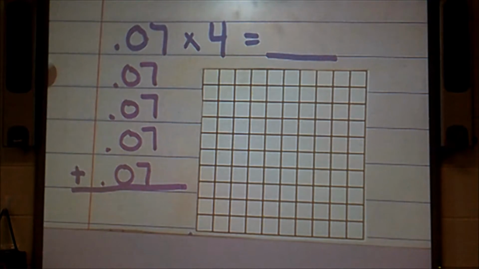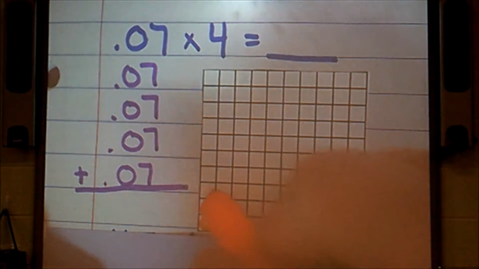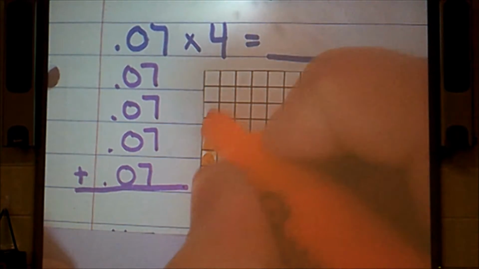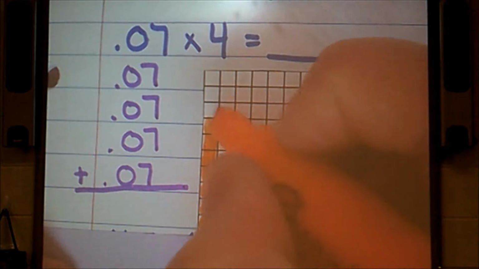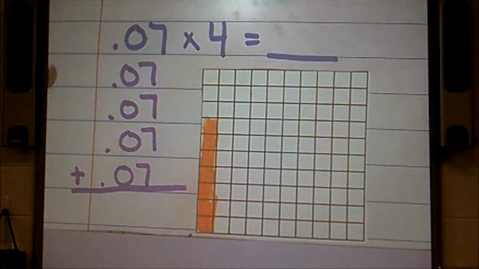So I'm going to start with my orange. Then I'm going to fill in 7/100, starting from the bottom. 1, 2, 3, 4. So there's my first 7/100. Now I'm going to repeat this procedure 4 times total, so another 3 times, in order to get my sum.